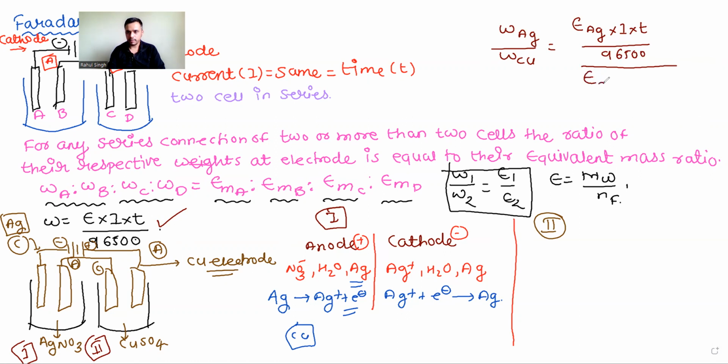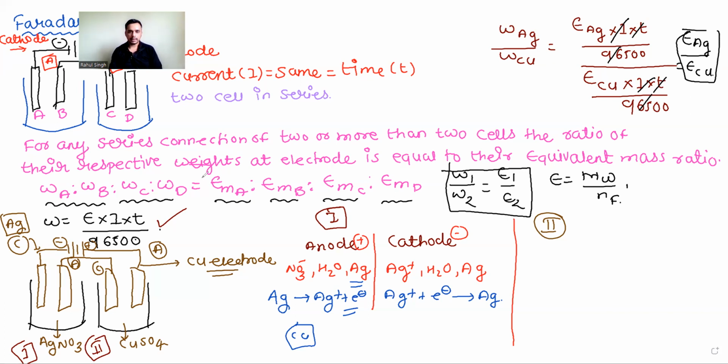This will be equivalent weight of copper into I into T divided by 96500. After cancelling the common part, we get the equivalent weight of Ag divided by the equivalent weight of copper. So we have proven this part.